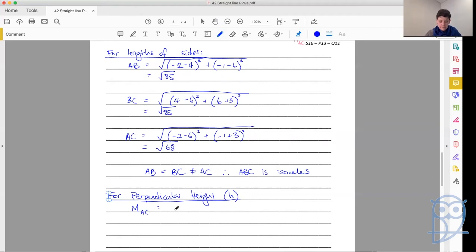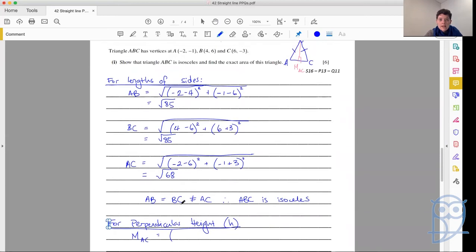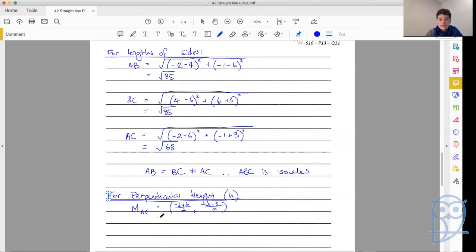Midpoint AC is, let's get those coordinates, minus 2 plus 6 over 2, and minus 1 minus 3 over 2. So the midpoint of AC is 2 and minus 2.